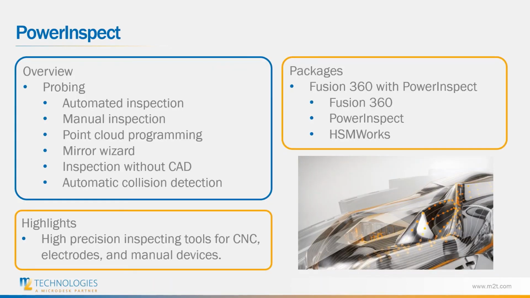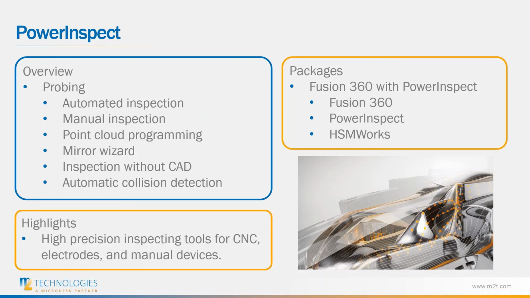Next, we're looking at Power Inspect. So this is the last in the 3 PowerMill, Power Shape, and Power Inspect options. Power Inspect is based all around probing in order to analyze your materials either during or after your milling operations.